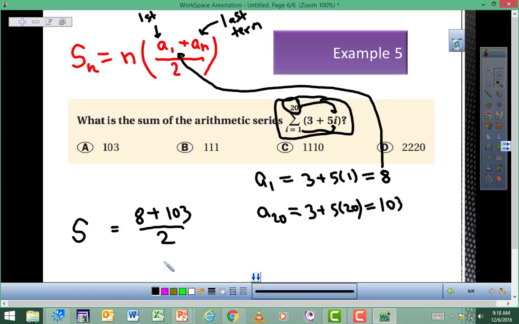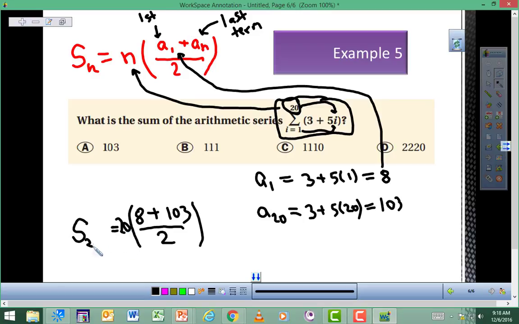And then what? And then I need to multiply by n. Well, how many terms are there? If there's a 20 on top, isn't this value what n is? Right there. So I need to multiply this one by 20.